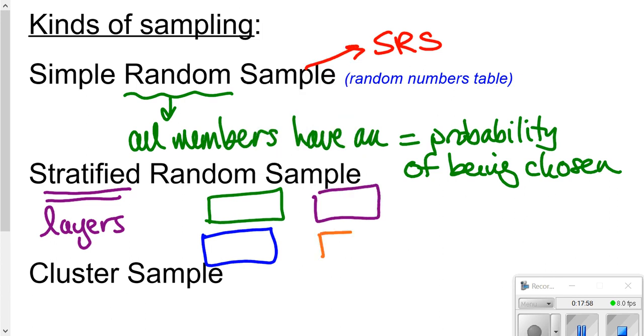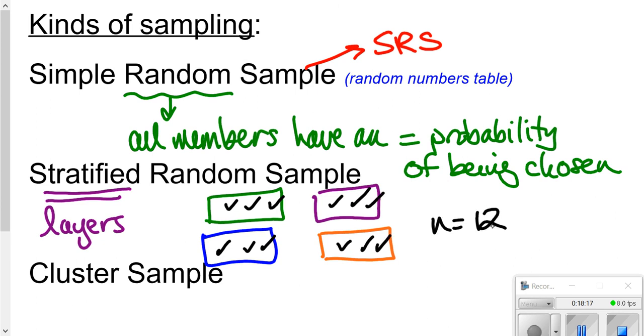So an example that I like to use in the high school context is, let's say we break people apart by grade level, like seniors, juniors, sophomores, freshmen, right? And then within each of those groups, we pick 3 people. So now my sample has 12 people in it, and we have equal representation from each strata.